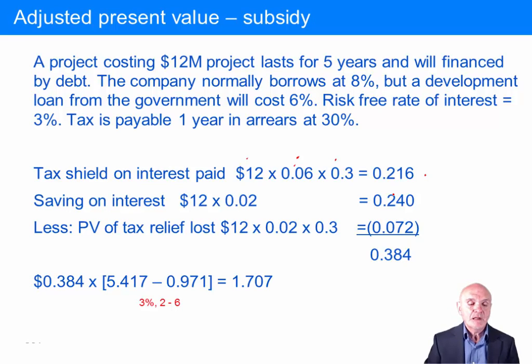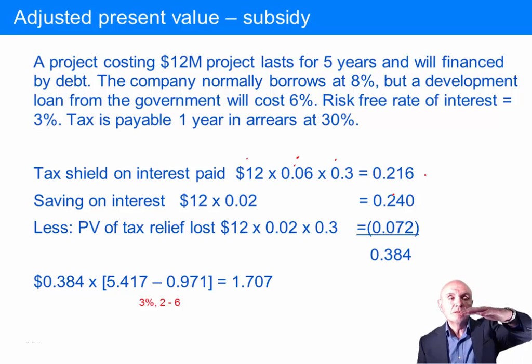However, we also have to take into account that if the government is letting us off some debt cost, we're actually losing out on some tax relief on the interest on that debt. So the government reducing our interest bill by 2% isn't quite as good as it seems.